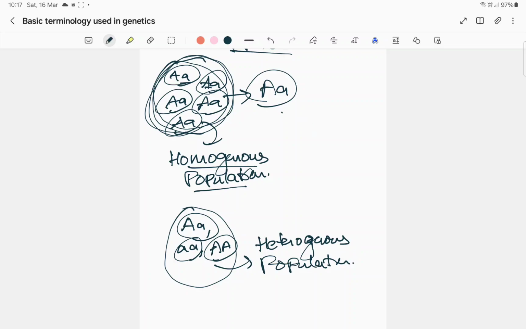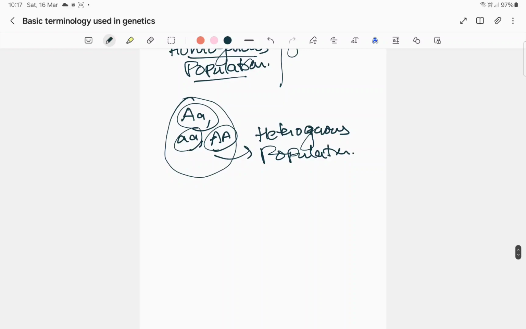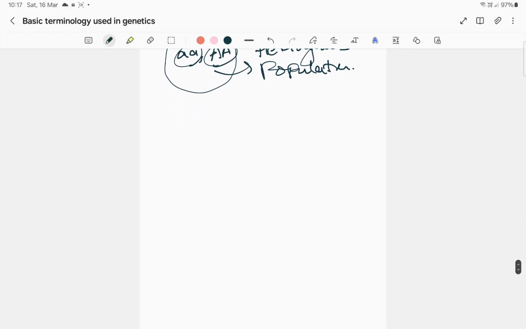Here we have to remember one thing: where zygous comes, it is at gene level. Where genous comes, it is at population level, right? This thing you have to remember.